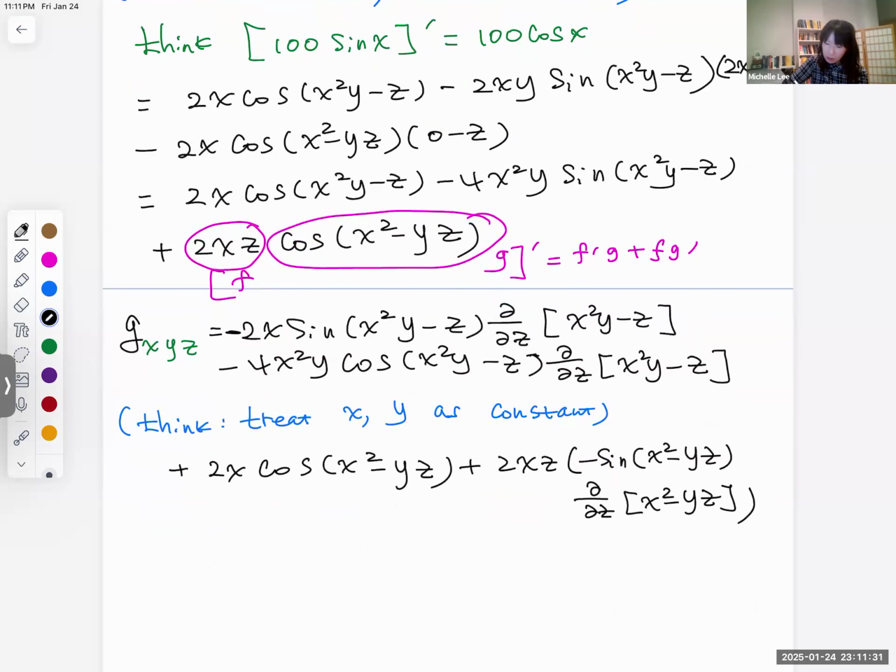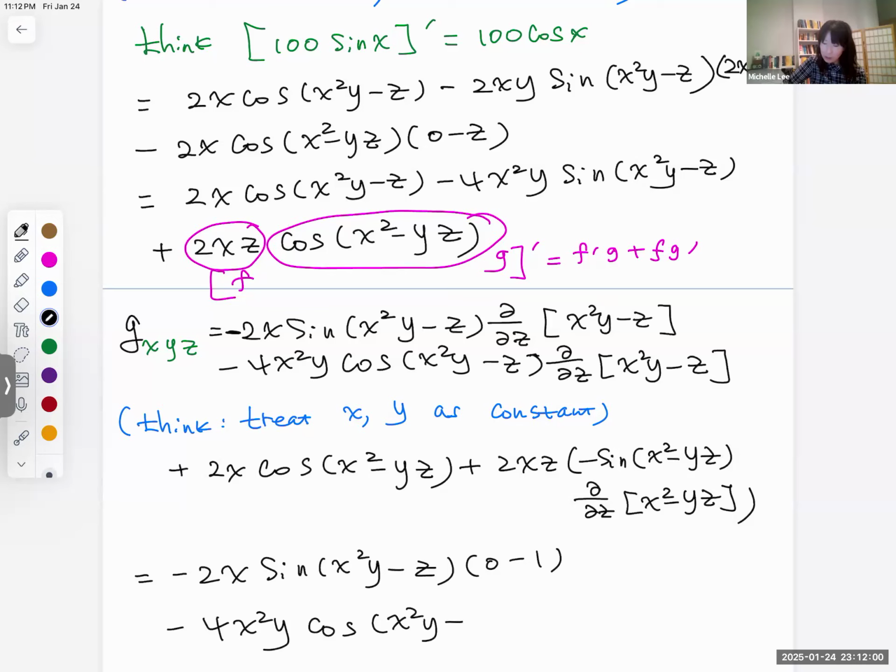Okay, so there will be, first term, negative 2x sine(x²y − z), and the derivative with respect to z is 0 minus 1, right? Second term, negative 4x²y cosine(x²y − z). And what's the derivative with respect to z?